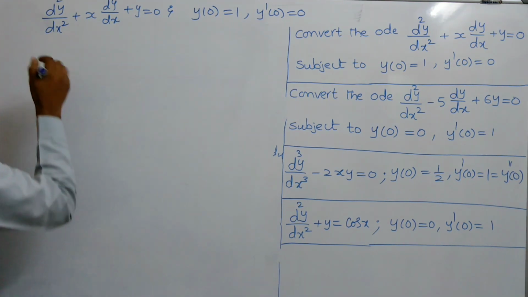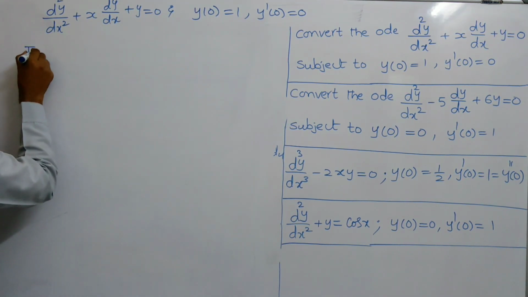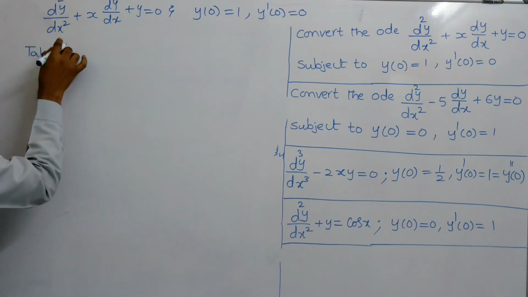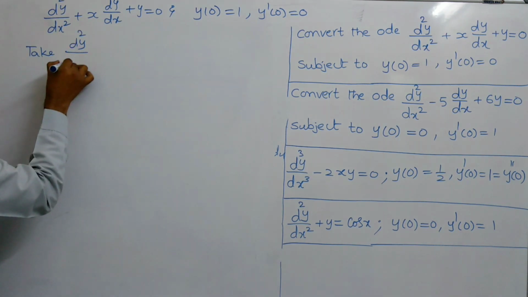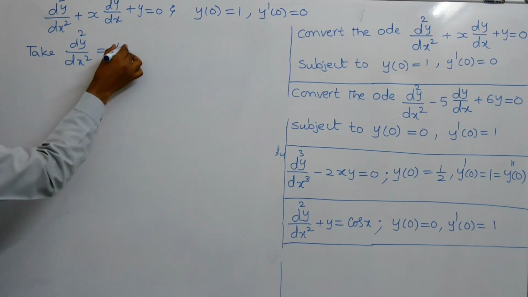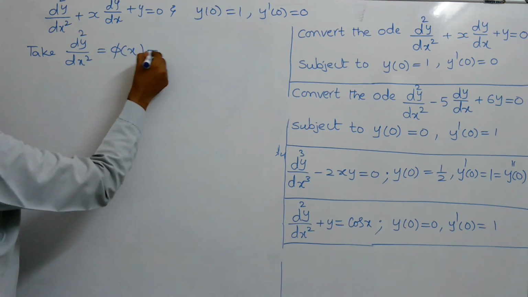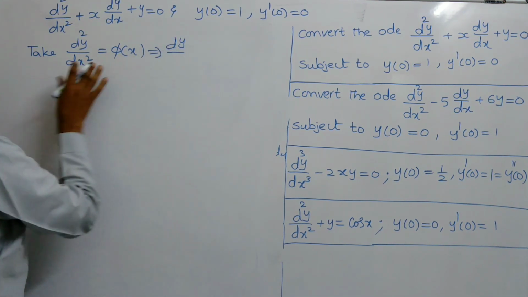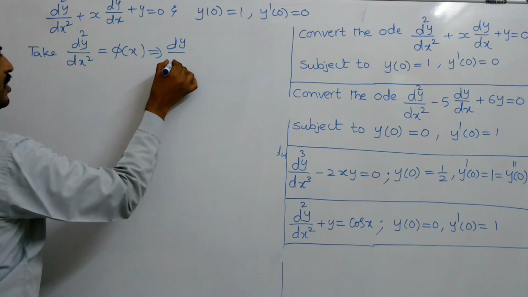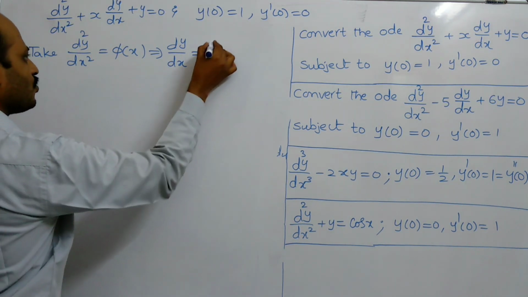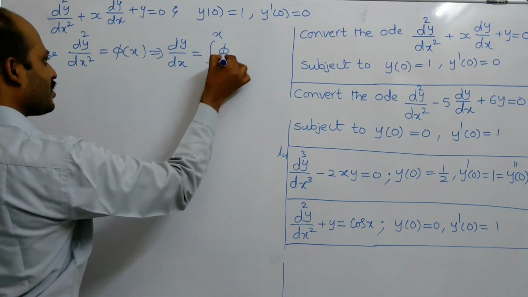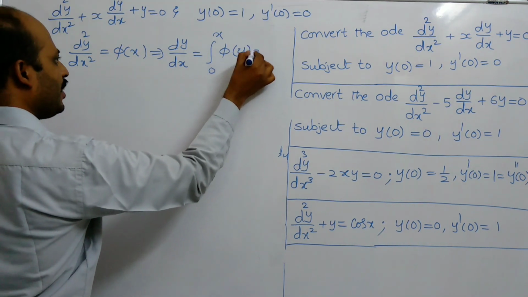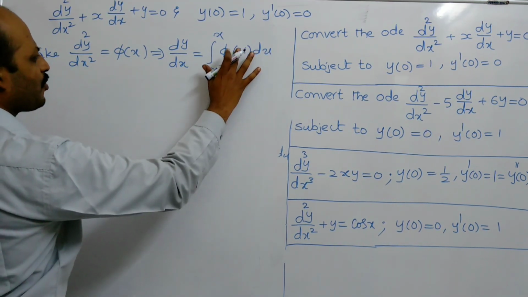Let us convert this equation. Because it is a second order term, take d square y by dx square is equal to pi of x, which implies, on integrating both sides, we get dy by dx is equal to integral 0 to x pi of u du. You can use any variable, I am using u.